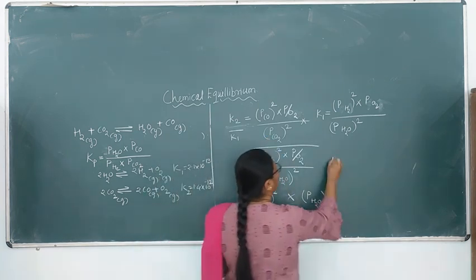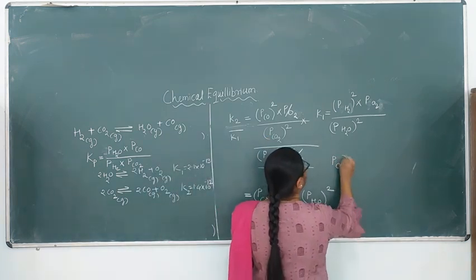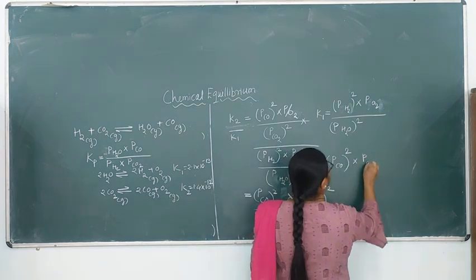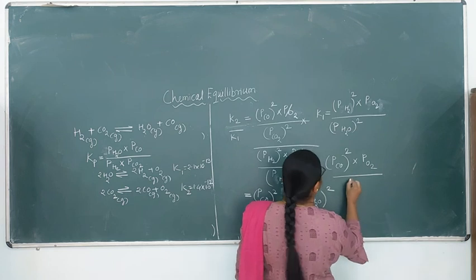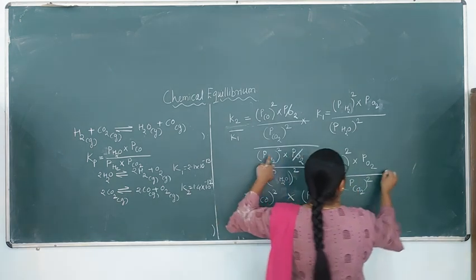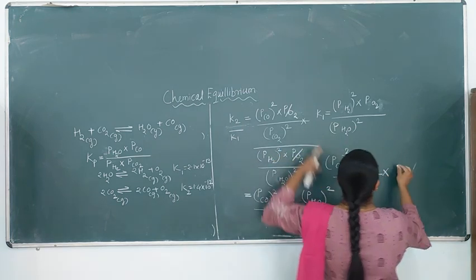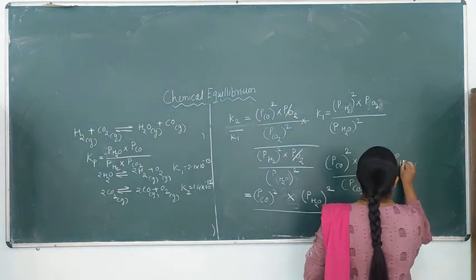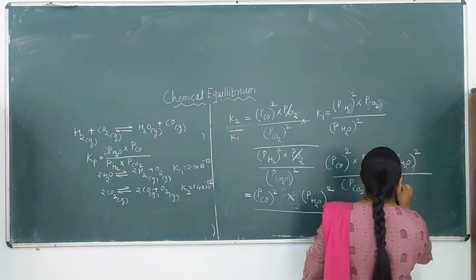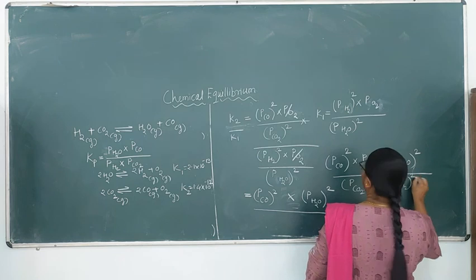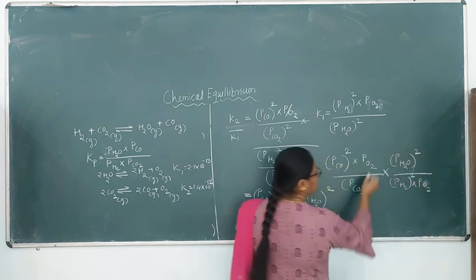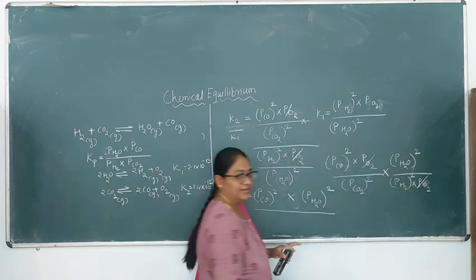See, this we can write as, if you are not understanding, I will tell you in detail. And this denominator you can write as inverse, as partial pressure of water divided by partial pressure of hydrogen raised to 2 into partial pressure of oxygen. So these two terms will get cancelled. Alright.